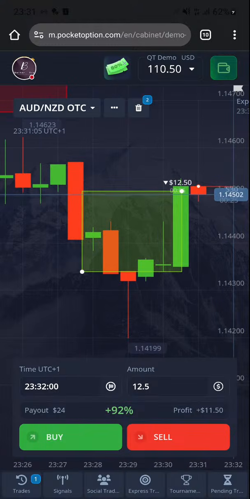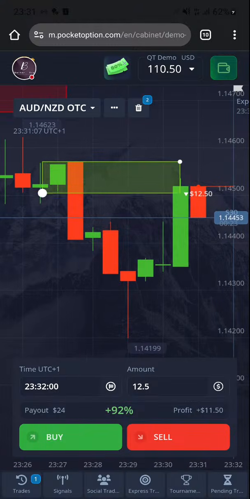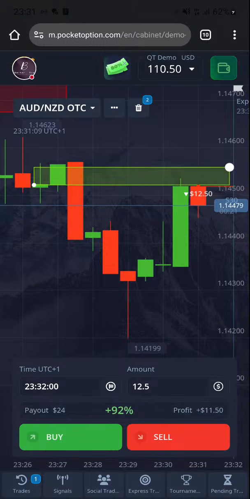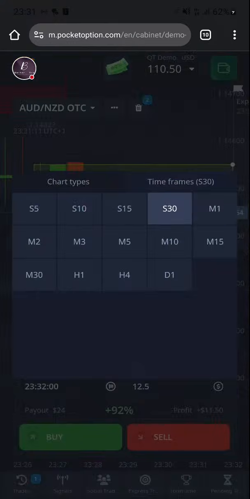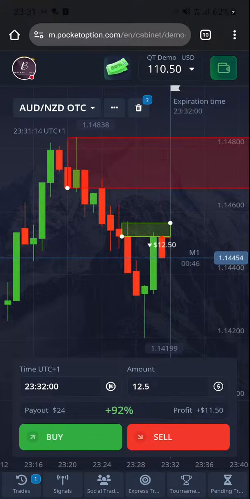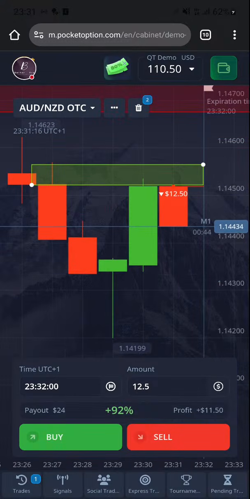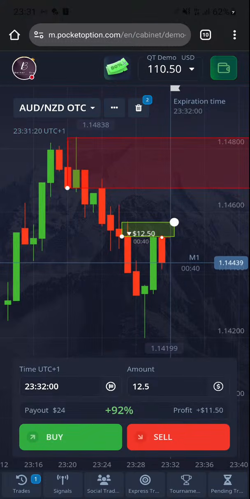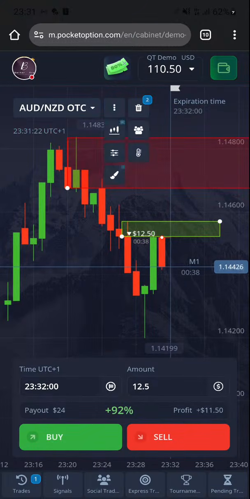I will tell you why I made a decision to go with the sellers. Number one, we have this pattern that usually retraces. This is an evening star pattern. It usually comes with its own retracement. You understand? And we have a supply area up here in the lower time frame.